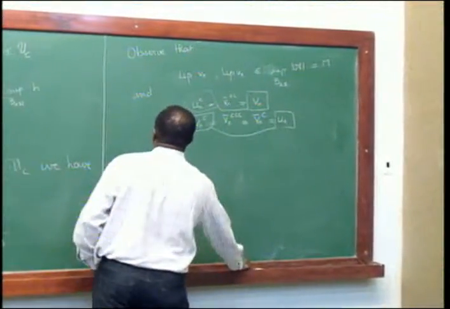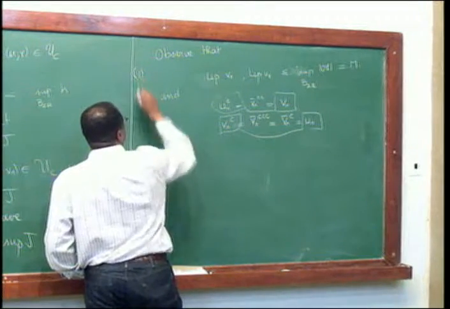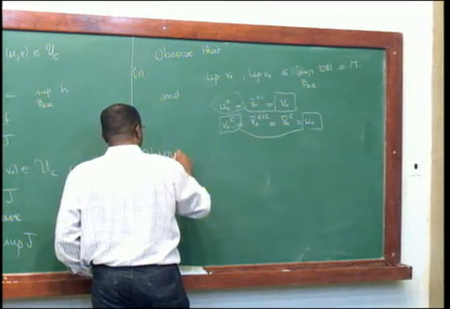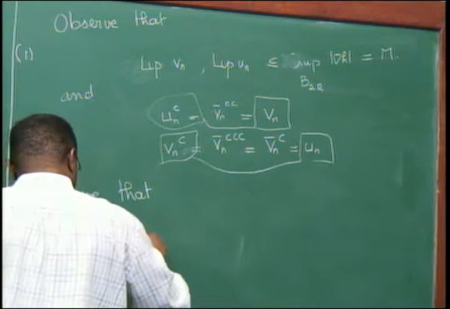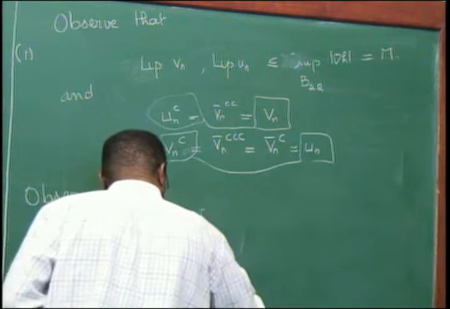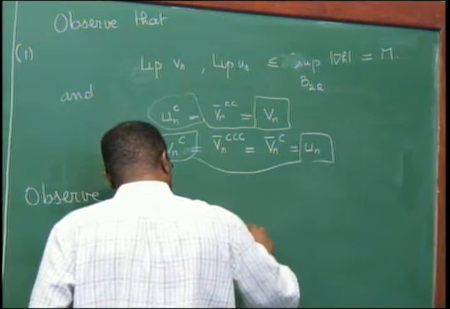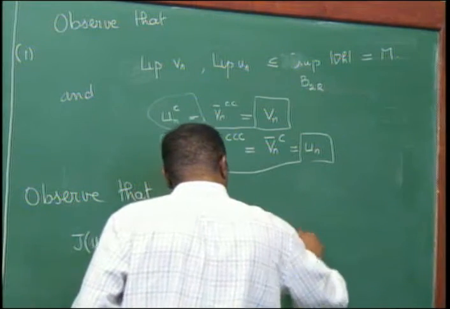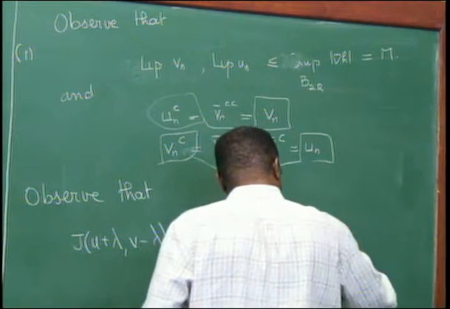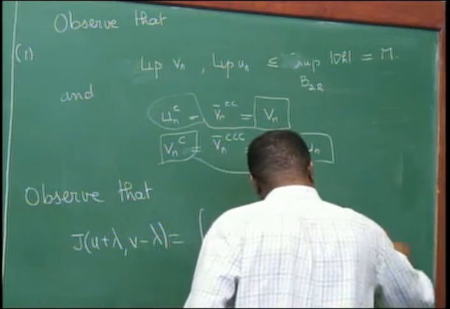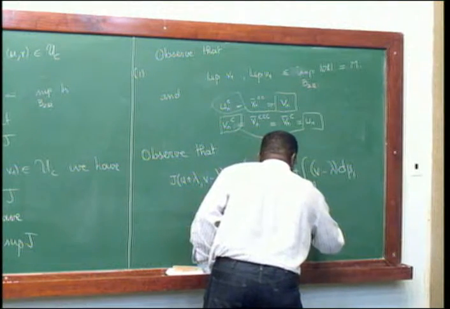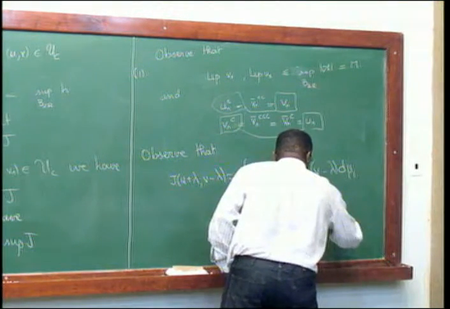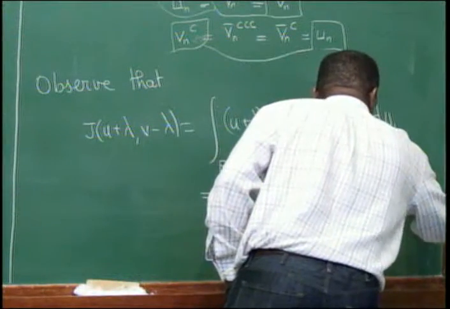So here is the observation. Call this one 1. Observe that J of (u plus lambda, v minus lambda) is the integral over R^d of (u plus lambda) d mu naught plus the integral over R^d of (v minus lambda) d mu 1, which is J of (u, v) plus lambda mu naught of R^d minus lambda mu 1 of R^d.